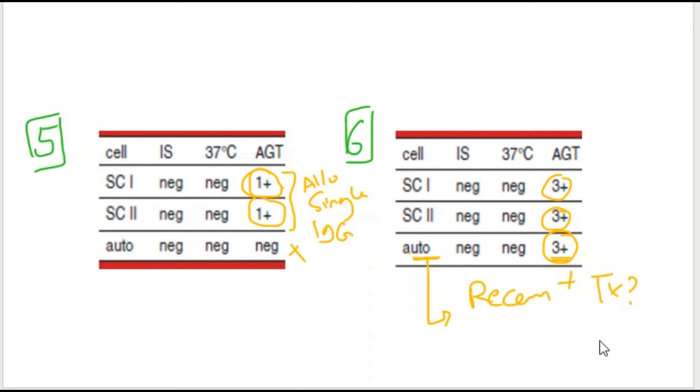If there is a recent transfusion, less than 3 months, this may be due to hemolytic transfusion reaction. So the patient antibody may react with donor cells, but if there is no recent transfusion, this may be due to the presence of auto antibody.